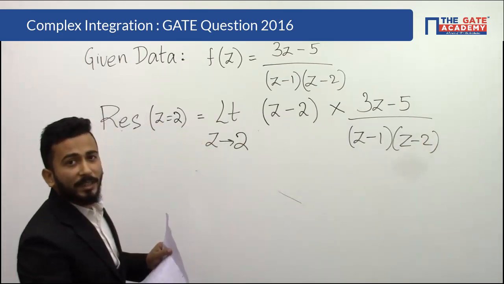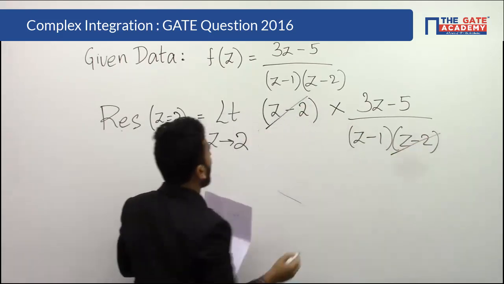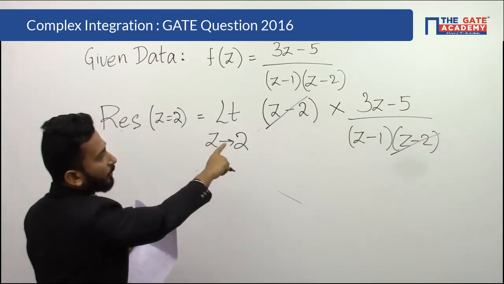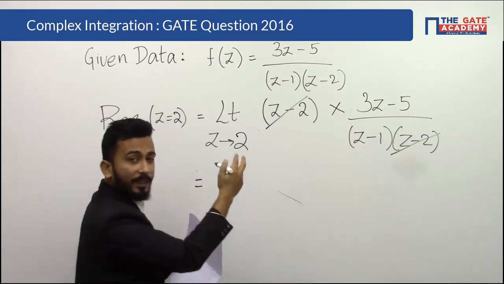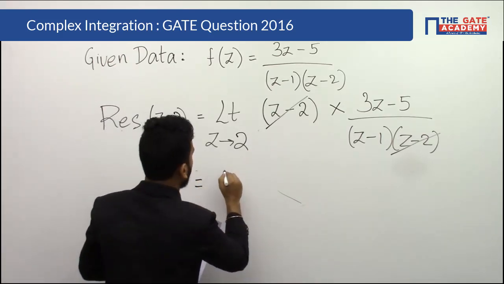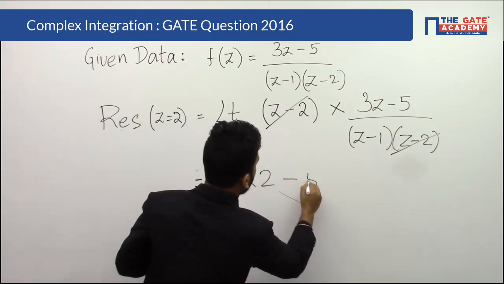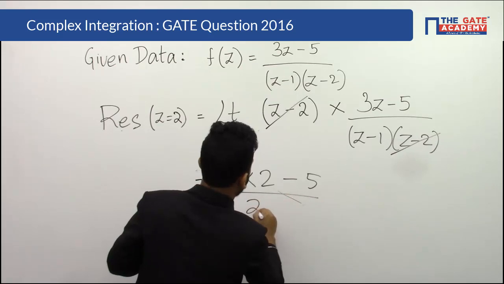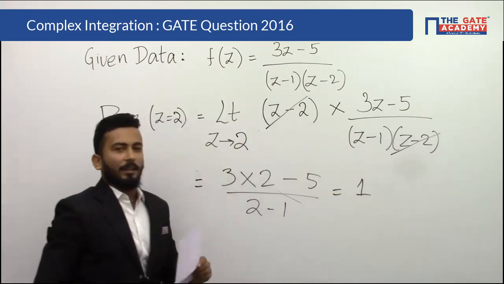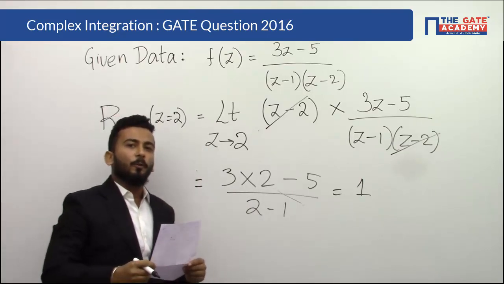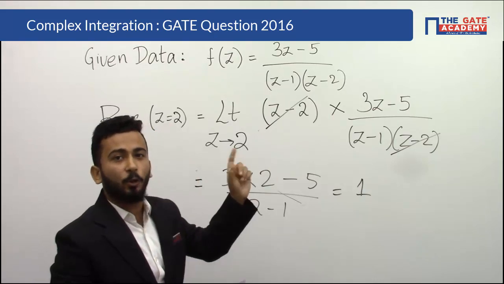We can cancel out (z minus 2). We can put the value z is equal to 2 in this function directly, and that comes out to be 1. So we did find the residues at z is equal to 1 and z is equal to 2.